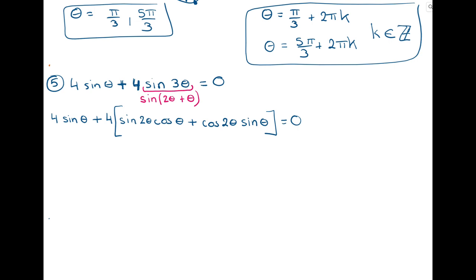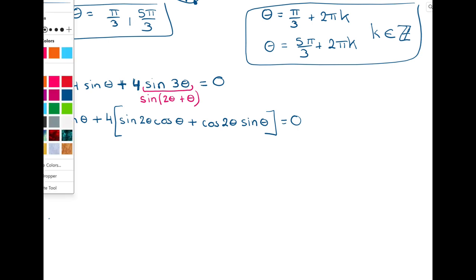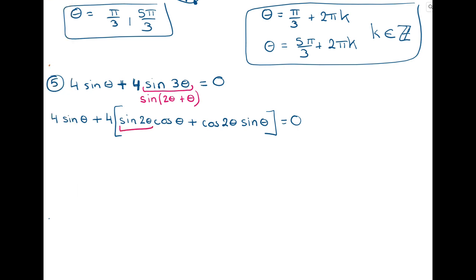And now I have to look and see that there are several ways you could be doing that. In fact, I tried several ways, and some get messier than others. So you really have to look, but I have now a sine 2 theta here, and I know sine 2 theta will be 2 sine theta cosine theta, and I have a cosine 2 theta here, and that could be 3 things, right?